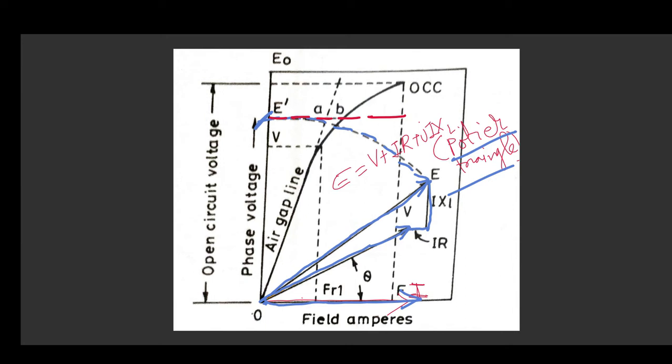Now this line is intersecting this OCC at a point. This point is B. Then this is my unsaturated region.